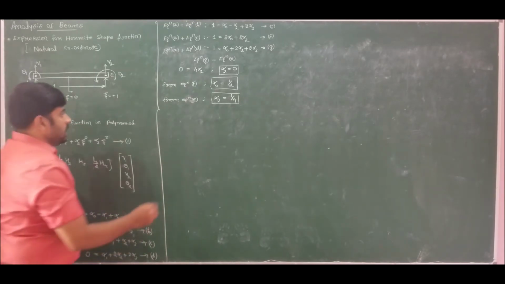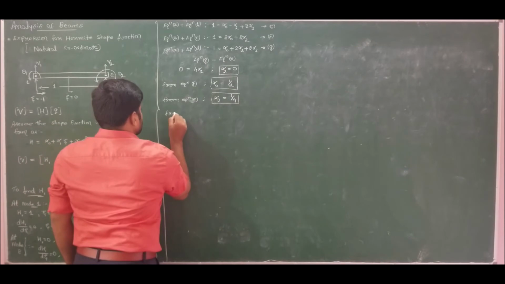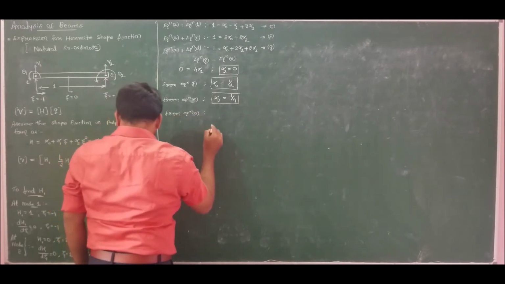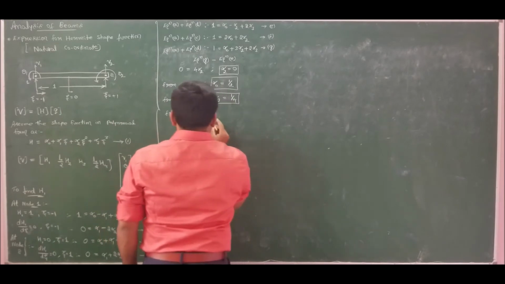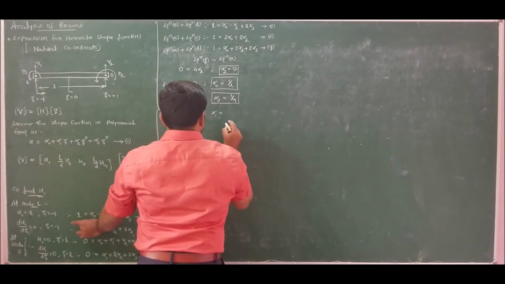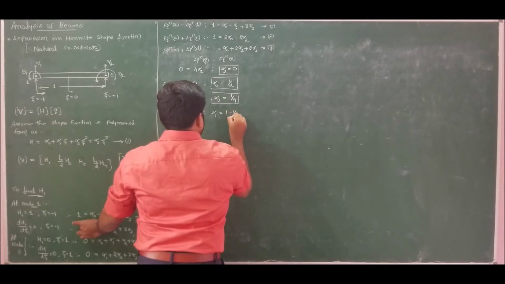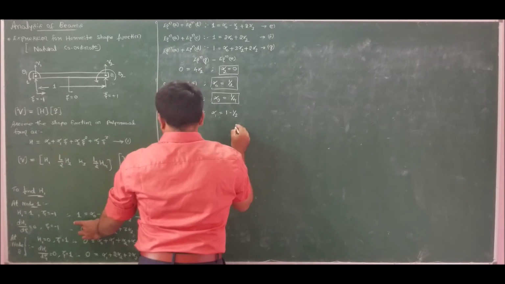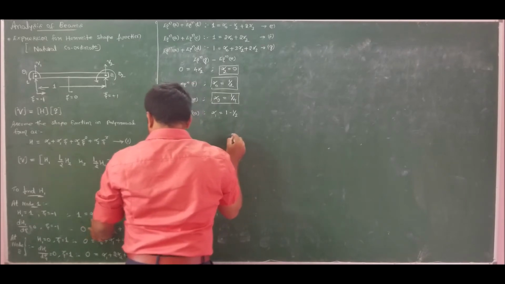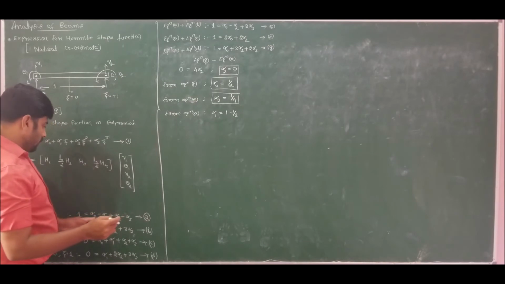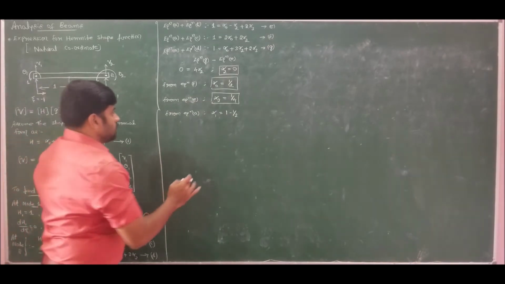So from equation A, I will get the value of alpha 1 as alpha 1 is equal to 1 minus alpha naught is 1 by 2 plus alpha naught, so I made a mistake here, I think. Alpha 1 is equal to alpha naught minus 1.